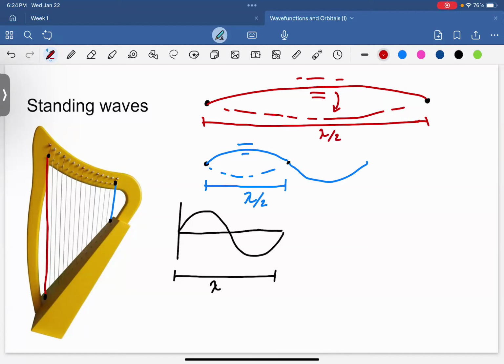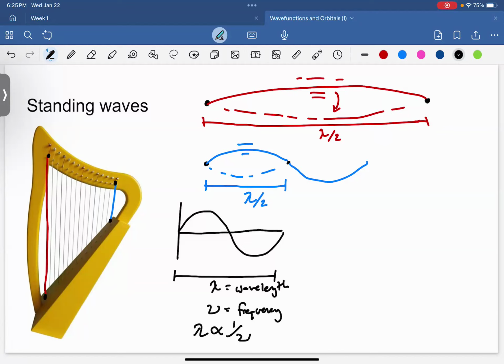Lambda in this case is wavelength. There's also the concept of frequency, where nu is equal to frequency. Frequency is inversely proportional to lambda, so lambda is proportional to 1 over frequency.